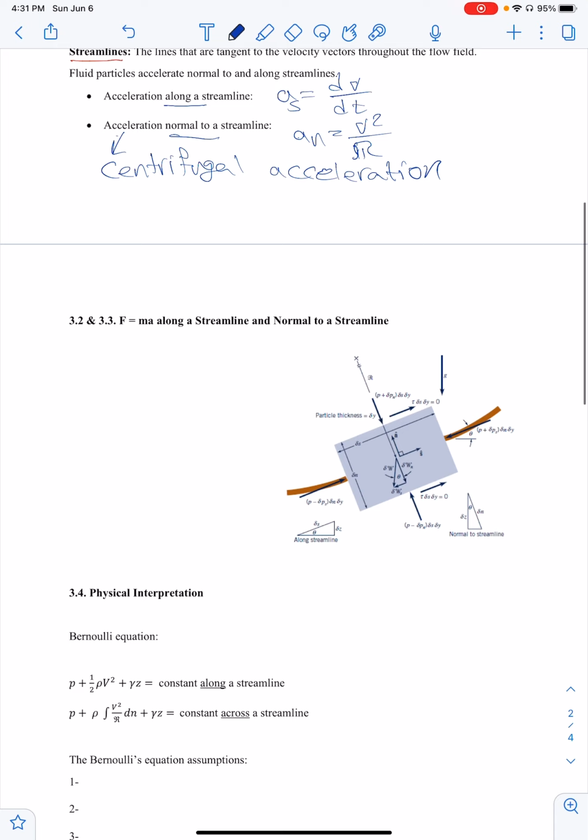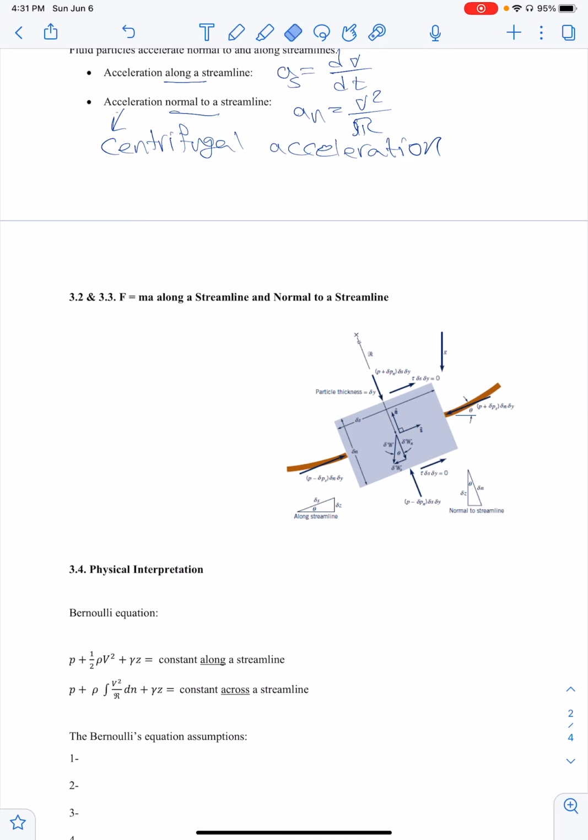But I'm not going to derive the equation. I'm just writing the result and showing the assumptions that we made in deriving the Bernoulli's equation. This is the particle that we use to draw the free body diagram, and then apply Newton's second law.